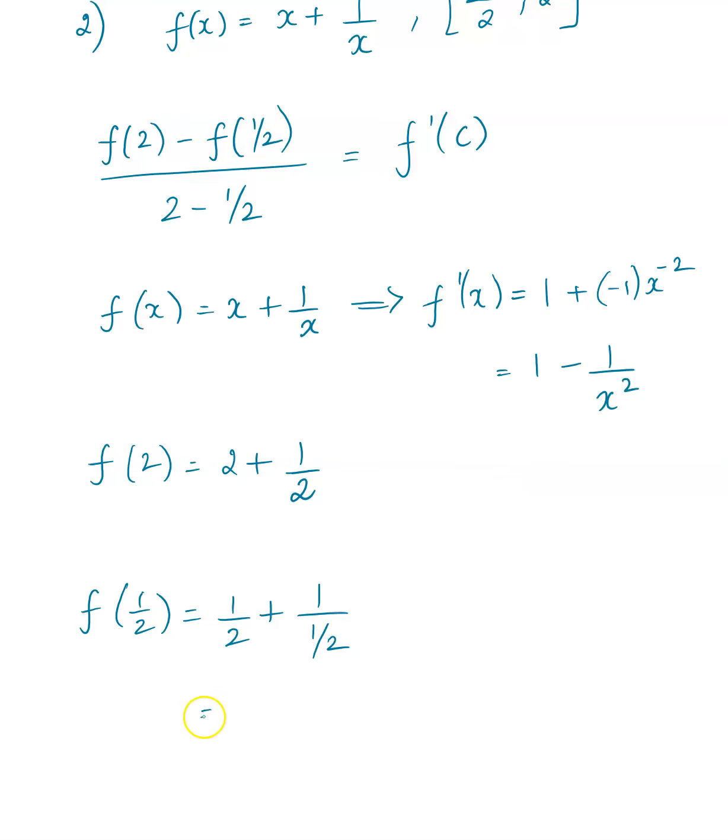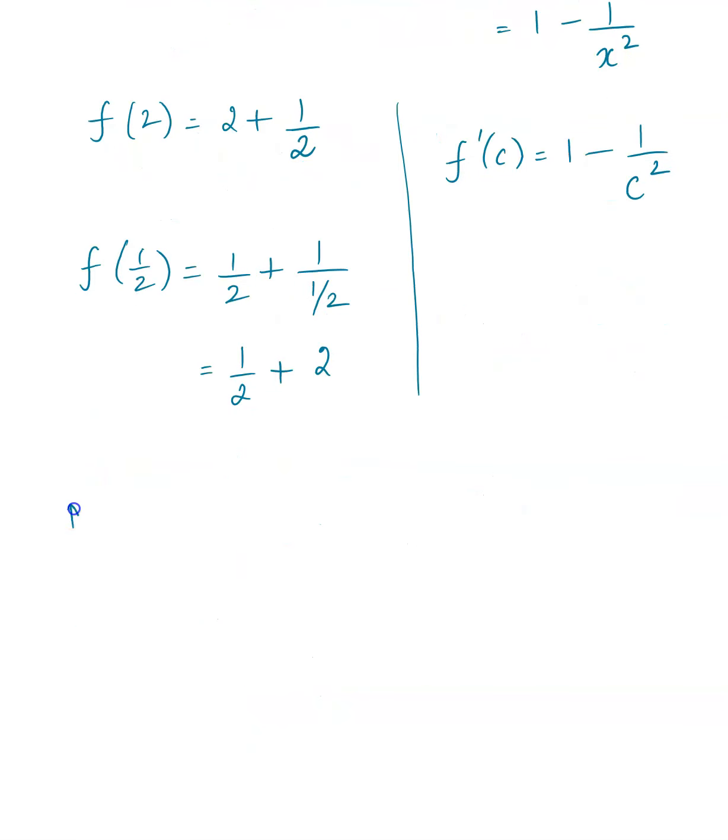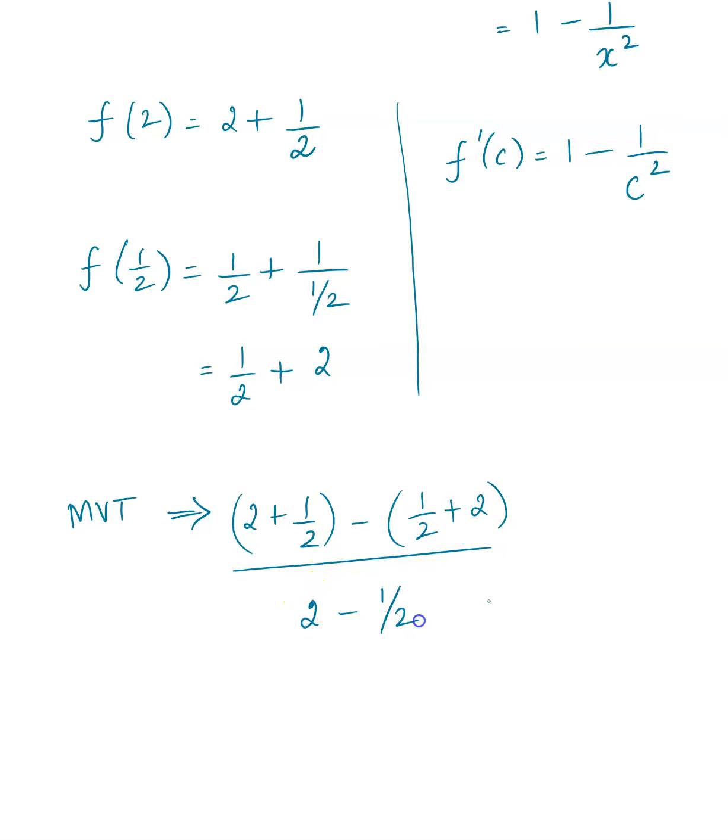Now I can simplify that, but I anticipate that when I do the half, this also comes back as half plus 1 over half is 2, isn't it? And so I have that there, and then f prime of c will be 1 minus 1 over c squared. So as per MVT, it implies that f of 2 minus f of half, all over 2 minus half will be equal to this f prime of c.